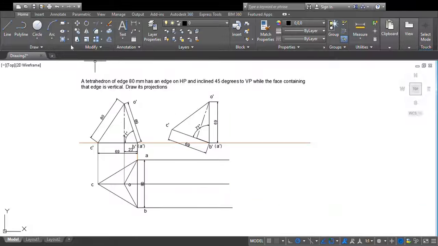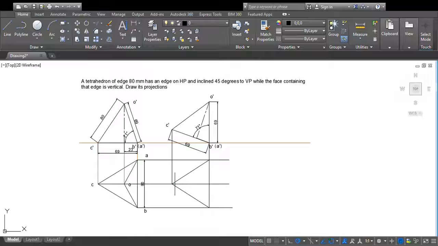I just drop all these points like this. One more line from here. Now if I connect all these points, I can get the top view of the diagram.